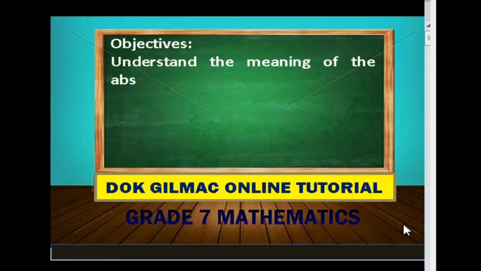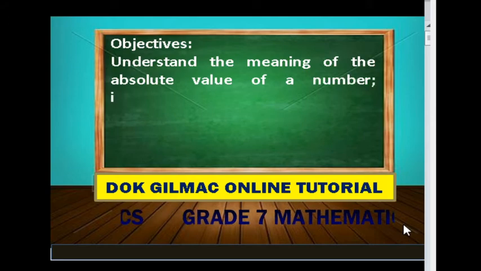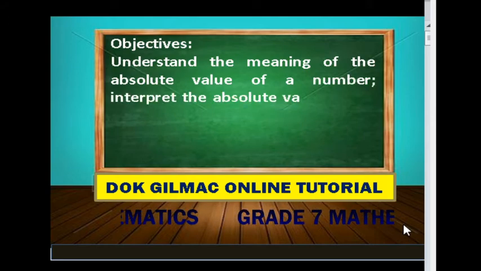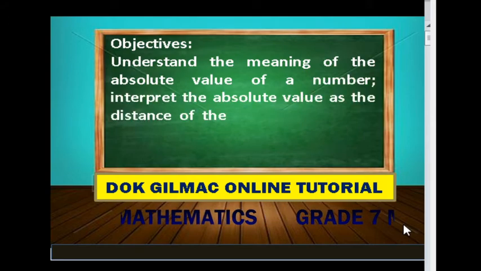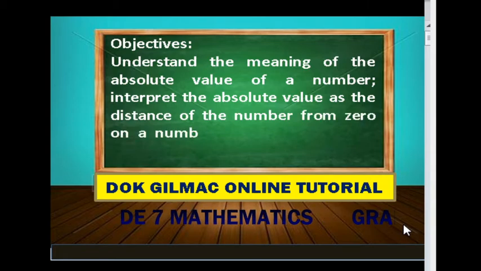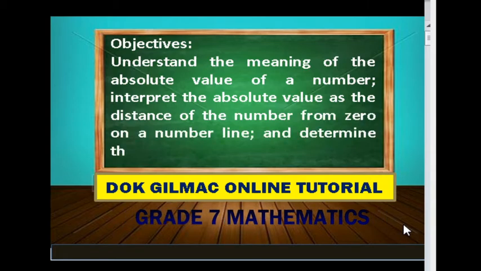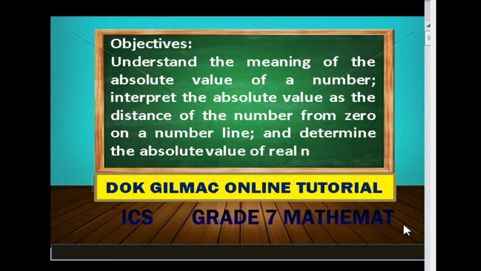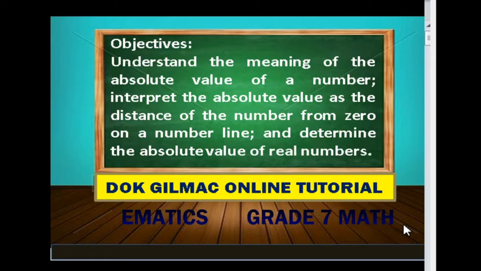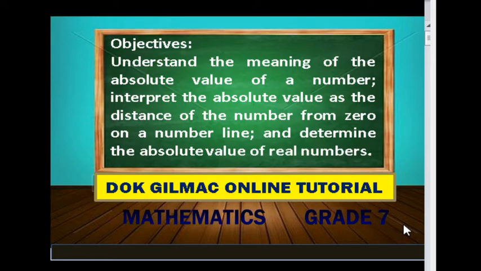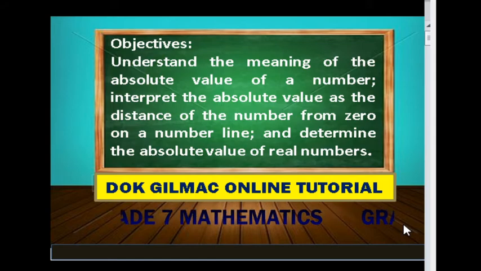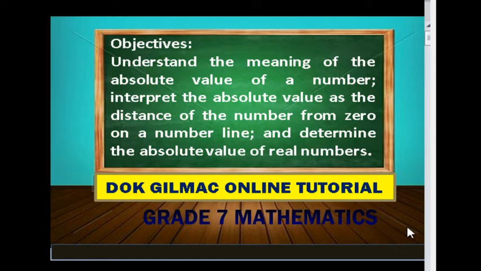Understand the meaning of the absolute value of a number. Interpret the absolute value as the distance of the number from 0 on a number line and determine the absolute value of real numbers. These are all the objectives of today's tutorial.